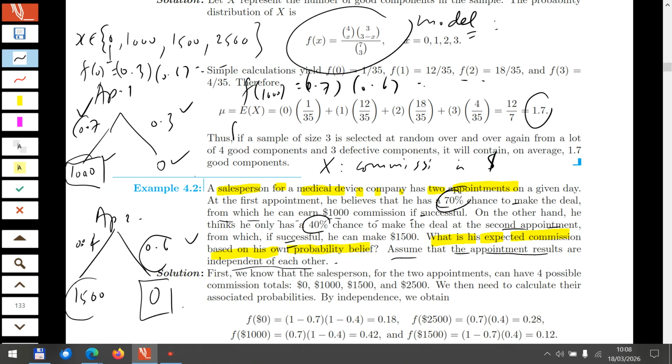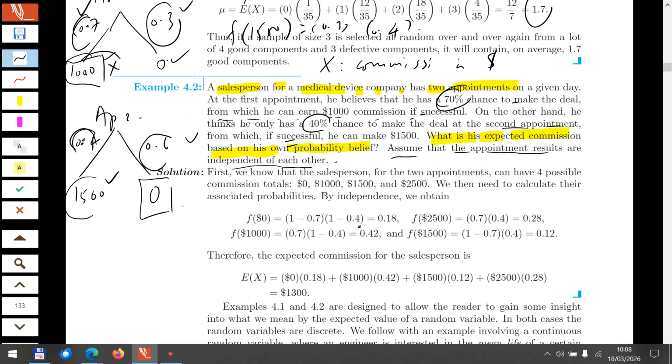And same goes for f of 1500. 1500 is when he gets this, but he doesn't get this. So actually he gets 0 from this. So he multiplies 0.3 with 0.4. And the last one, 2500, when he wins both the deals, so you multiply 0.7 with 0.4. All the probabilities have been calculated for you here. For 0, these probabilities; for 2500, these probabilities, both are successful.